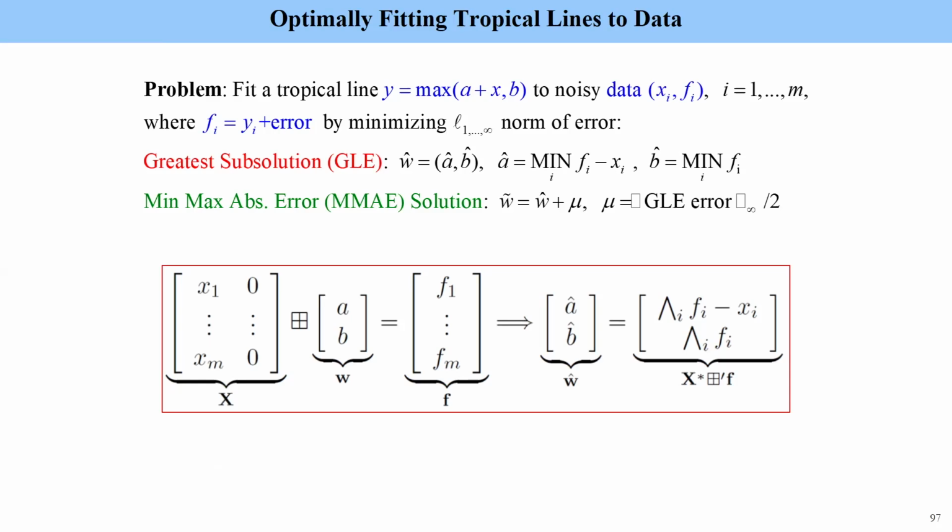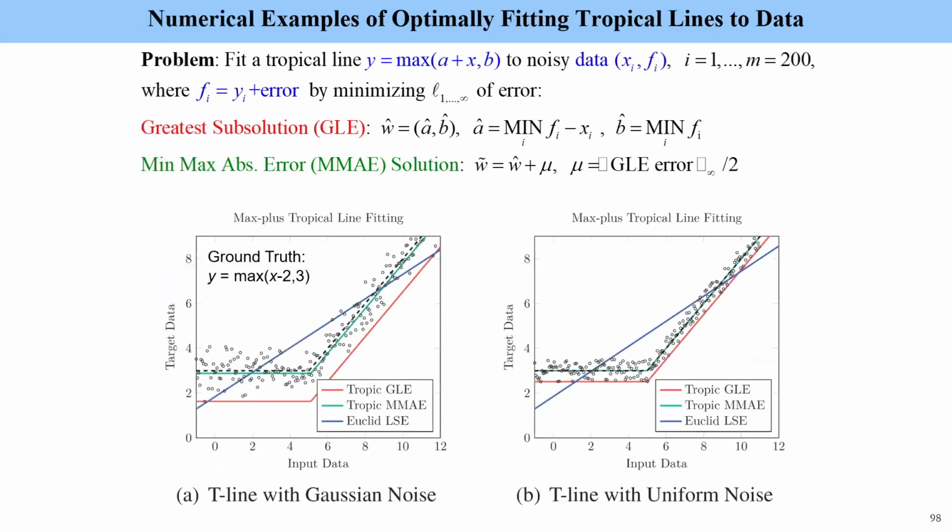The new thing, which I'm very happy about, is that the tropical regression then becomes essentially solving a max plus system of equations. And it has a closed solution, and the complexity is small.